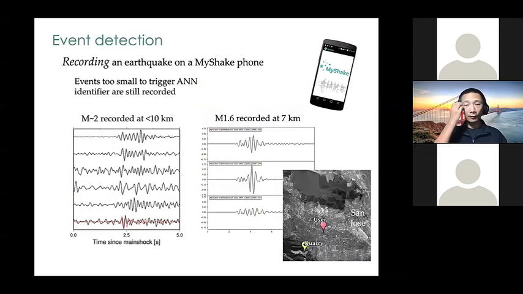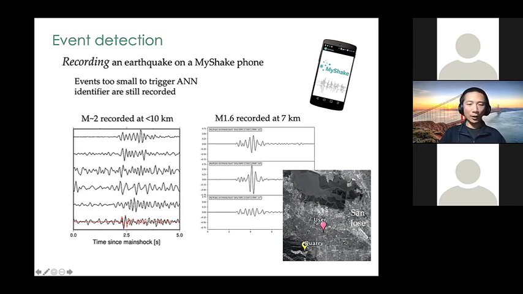This is some of the smaller earthquakes we detected on the different phones. This is a quarry blast in the Bay Area, near Silicon Valley, and one user is about 7 kilometers away. We actually recorded this quarry blast on the phone. And this is a magnitude 2 earthquake recorded at different distances, all less than 10 kilometers.